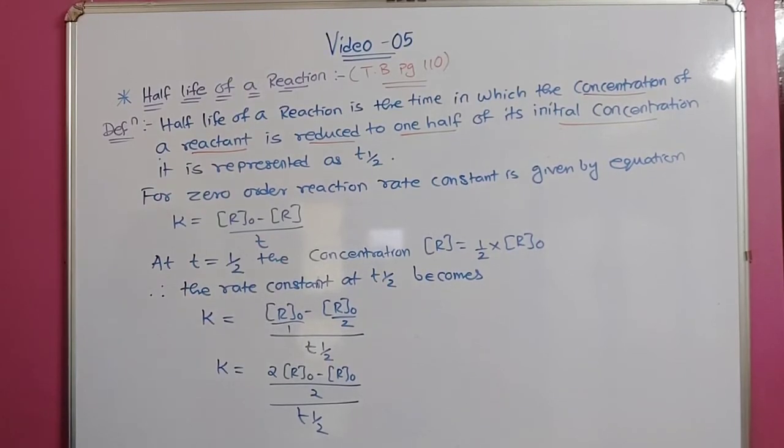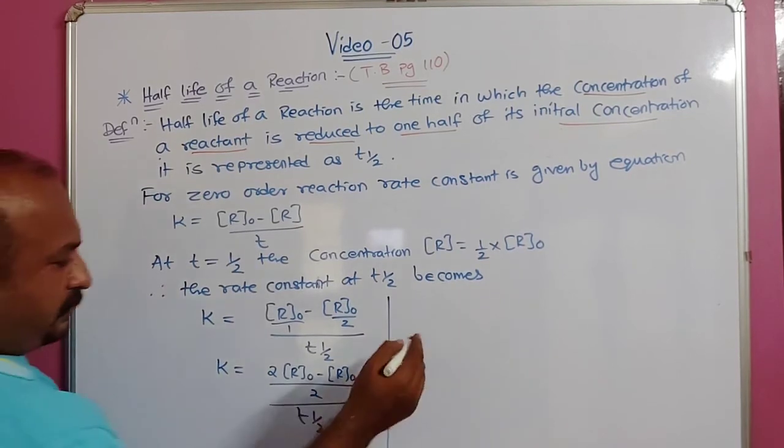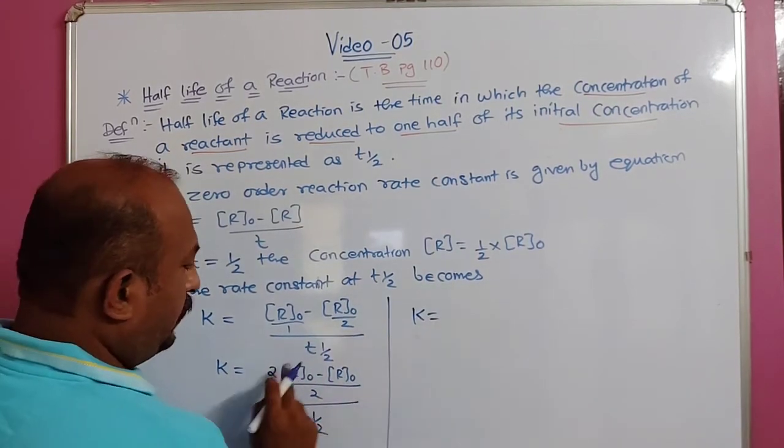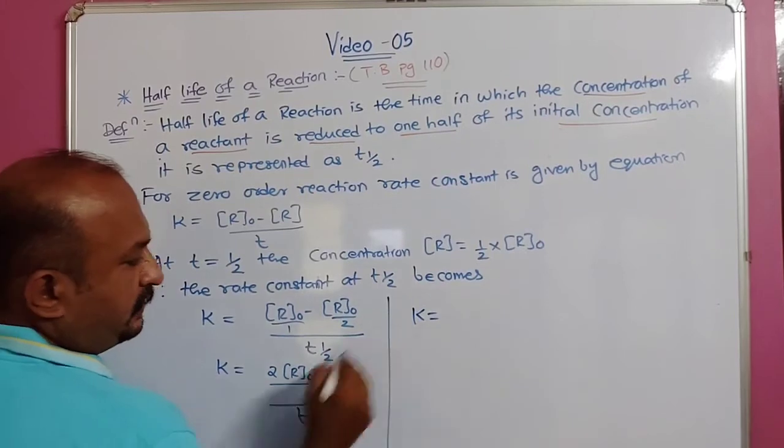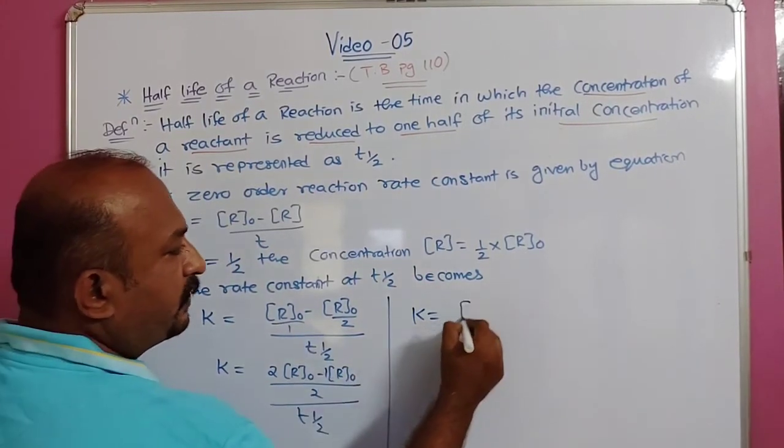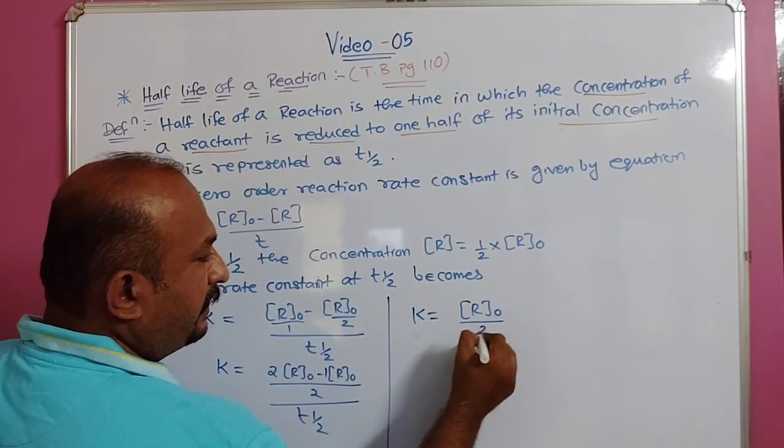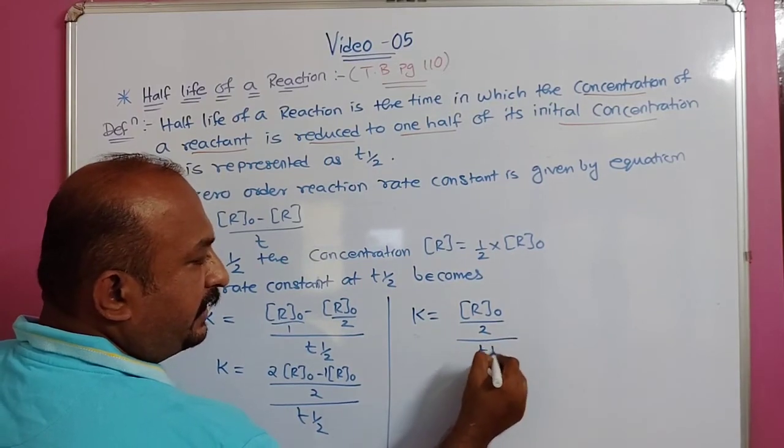Okay. Now the next part. Therefore, you can interchange this or write it in another way. K will be equal to 2 R0 minus R0. This is nothing, means R0 only, divided by 2 whole upon T half.